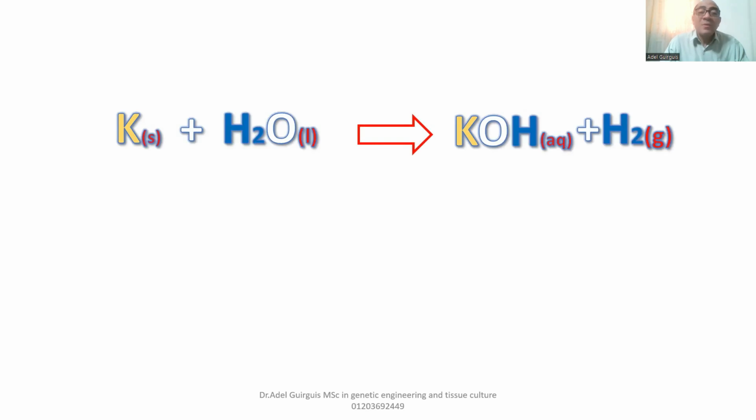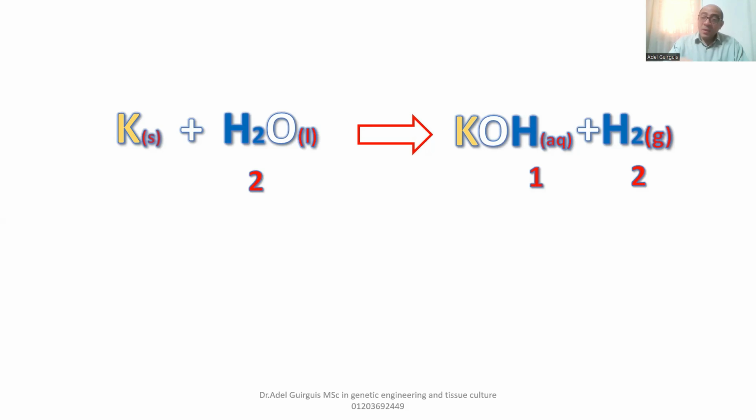What about the balance? Let's learn how to balance the chemical equation. Here, we start with hydrogen: 2 hydrogen in water as reactant. We find here 1 hydrogen in KOH and 2 hydrogen in the hydrogen released as gas.